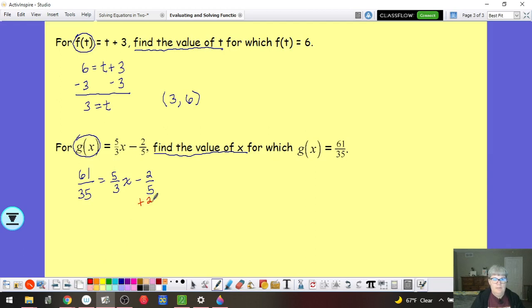So I need to add 2/5 to each side, and I'm going to do this over here on the side. So when I add 61/35 to 2/5, I need a common denominator. Well, 5 does go into 35 7 times, so I'm going to multiply denominator and numerator times 7. So we're going to have 61/35 added to 14/35 for a total of 75/35.